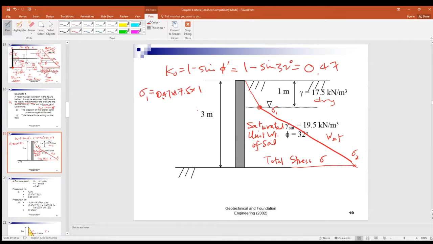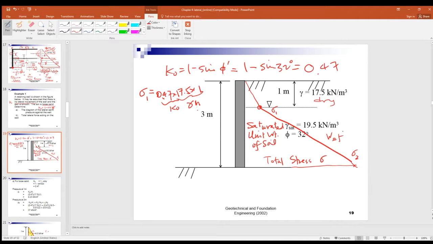So 0.47 times 17.5 times 1. That is gamma H, and that's the K naught. Now that gives you sigma 1.